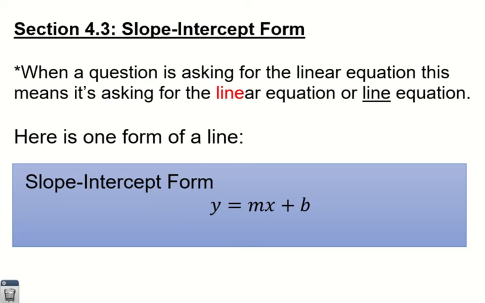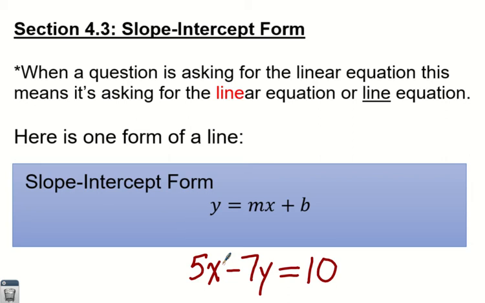Real quick, I'll give you some perspective, some bigger context. Here's a linear equation, 5x minus 7y equals 10. Just trust me for right now, that is a linear equation, but it is not in y equals mx plus b form.